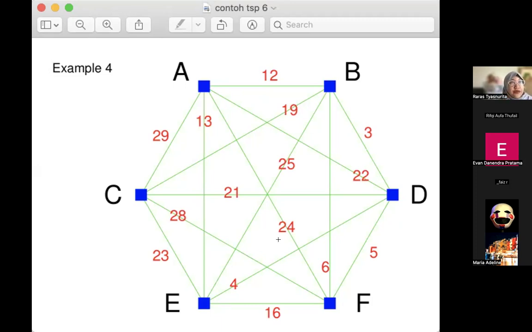But if you don't decide on the first, you can start from any customer. I can start from B, from D, from C. That means more combinations, so you don't need the minus 1. You have n factorial.